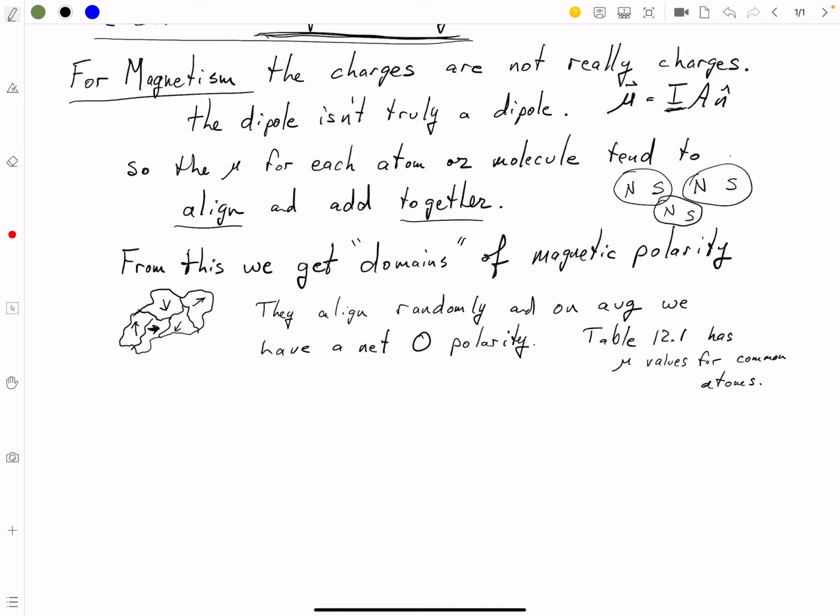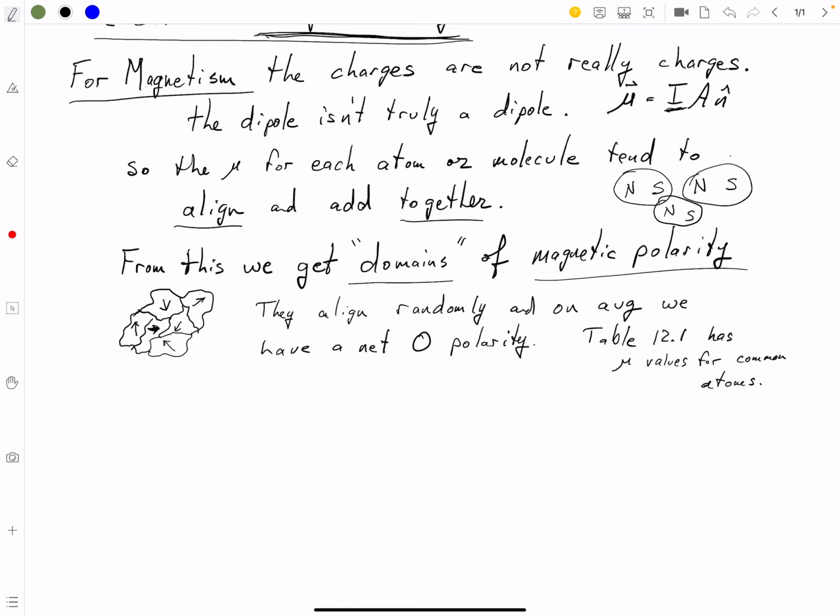North to south. So in aggregate, you'll have domains of magnetic polarity, and the domains are kind of like Europe, there's all these little domains where they all do a little bit something different, right? Just a little bit something different.